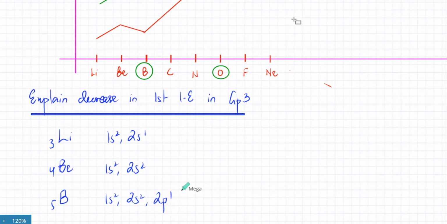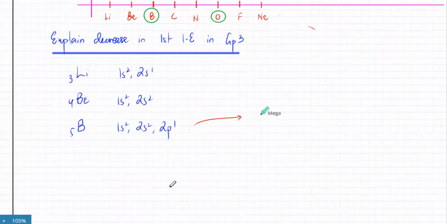What happened at boron? Boron के ऊपर the problem is you've got more subshells now. अगर subshells ज्यादा हो जाएंगे, so the nucleus is going to be surrounded by more subshells and there's going to be more shielding. So at boron, compared to beryllium, this is the reason that you're going to write: पहले you were removing electrons from the 2s, which was close to the nucleus.